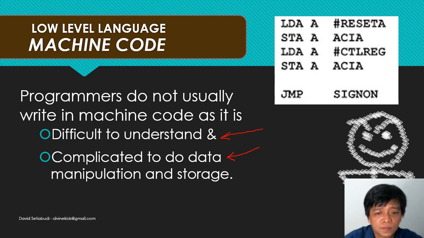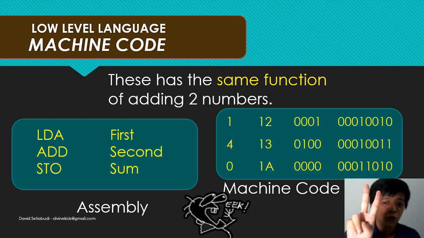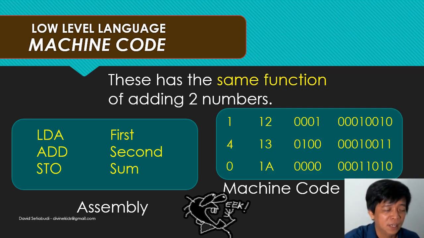See? Okay guys, now we are going to compare two low-level languages. You know those two, right? The first one is assembly language. The second one is machine code. These two have the same function. The first one is assembly language: LDA first, ADD second, STO sum.